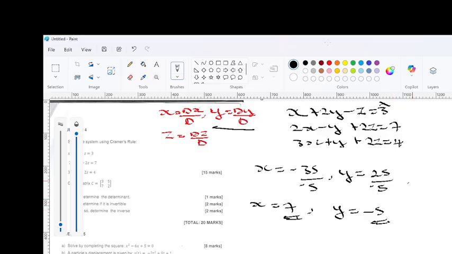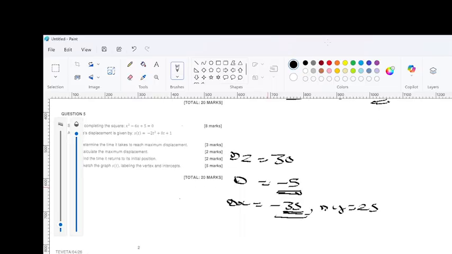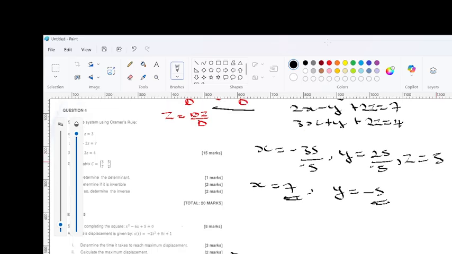Okay, so z is equal to dz over the determinant. What is our dz? Our dz is 30. Here is our dz. So we have 30 over what is our determinant there? The determinant for the whole system is -5.